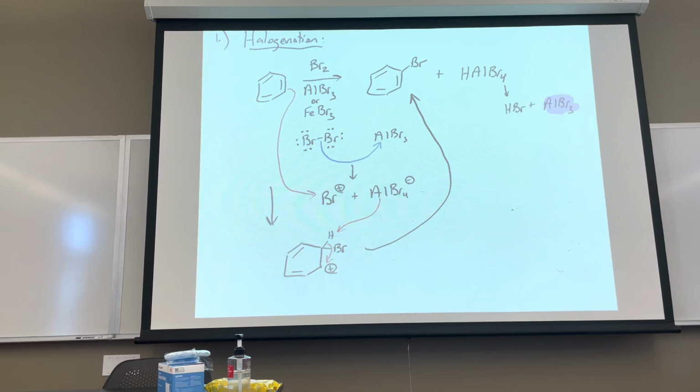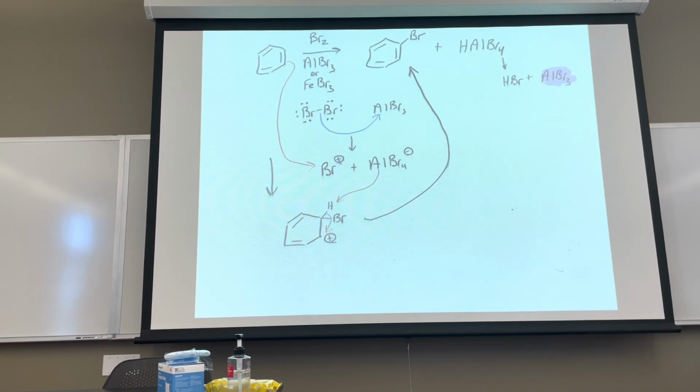Okay, so I want to just show you some of the reaction conditions here, to show what other halogens we can use, and what reaction conditions we would use to put them on. All right. So I'm going to just make a little table here.